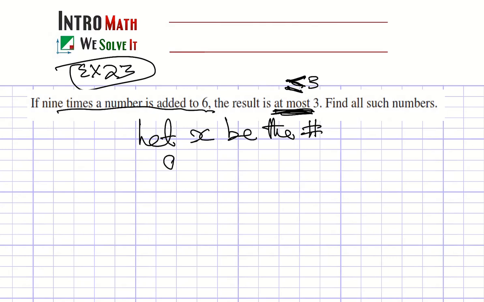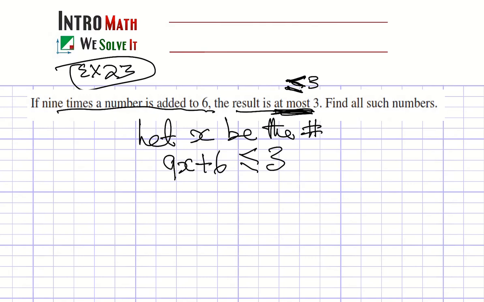So it says 9x plus 6. 9 times a number, 9 times x plus 6, is at most 3 right there. See, that's why the inequality comes in. The result is at most 3. See?